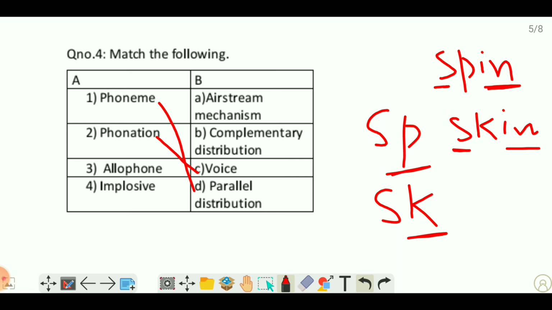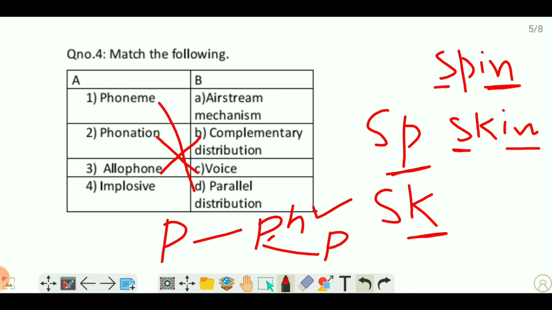Another one is allophone. Allophone is related to complementary distribution. Two sounds are in complementary distribution if both can't occur in the same environment. So allophones are always in complementary distribution. We know the allophones of the p phoneme are the aspirated p sound and the unaspirated p sound.